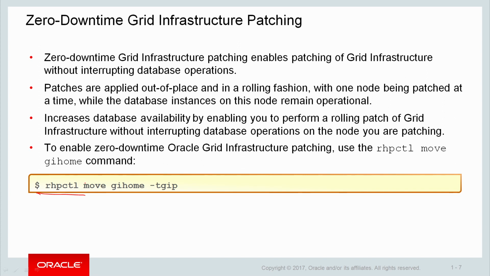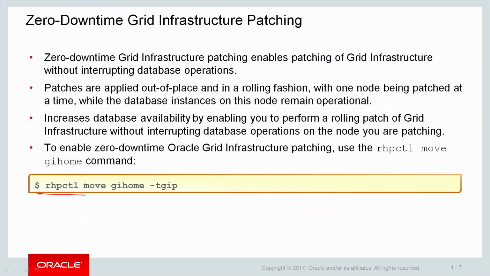So zero downtime grid infrastructure patching enables patching of grid infrastructure without interrupting the database operations. Patches are applied out of place and in a rolling fashion, with one node being patched at a time while the database instances on this node remain operational. This increases the database availability by enabling you to perform a rolling patch of grid infrastructure without interrupting the database operations on the node you are patching.